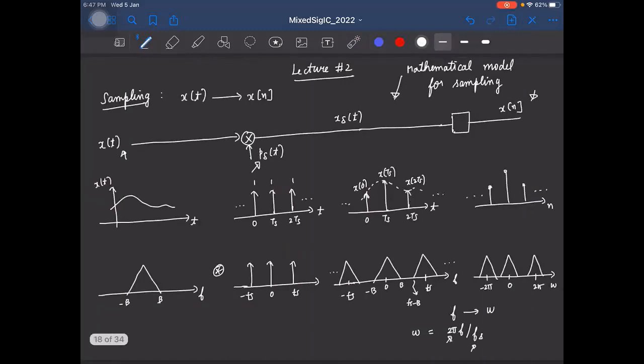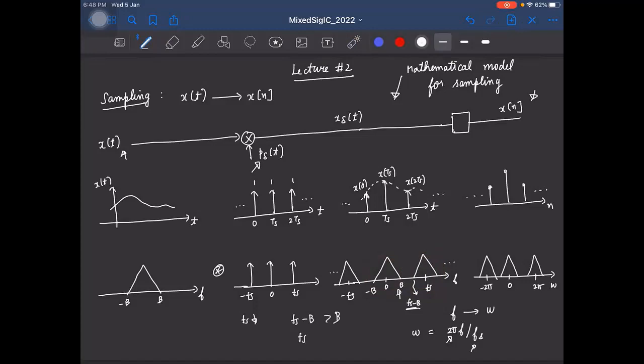And in sampling, we saw one more important thing. What was that? Well, we saw that if we kept reducing the sampling frequency beyond a point, this replica will start overlapping with this portion, right? And in order to prevent that, we needed to ensure this frequency fs minus b was greater than this frequency b.